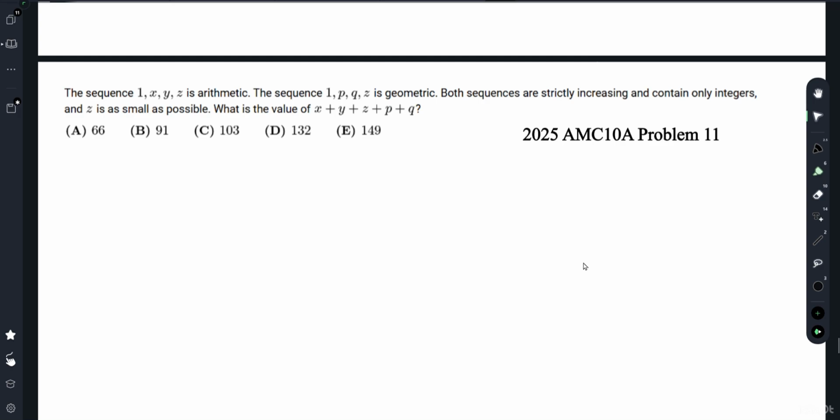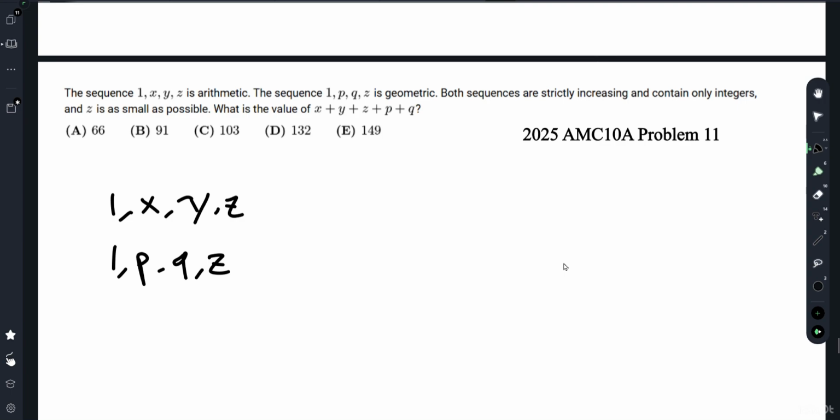Well, let's take a look at both our sequences here. So we have one sequence being 1, X, Y, Z. And we have another sequence being 1, P, Q, Z. So let's see what we can use.